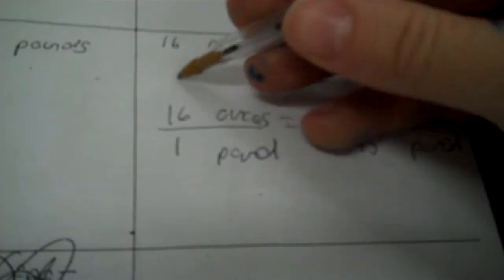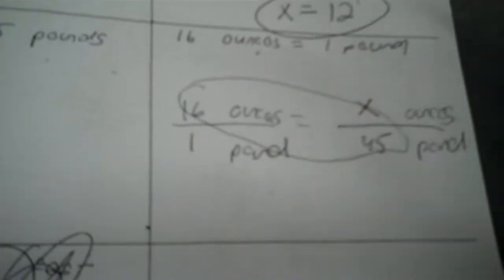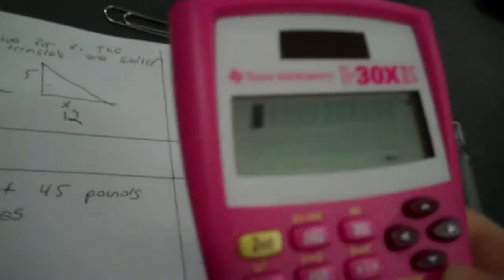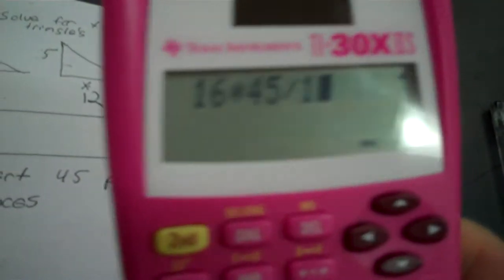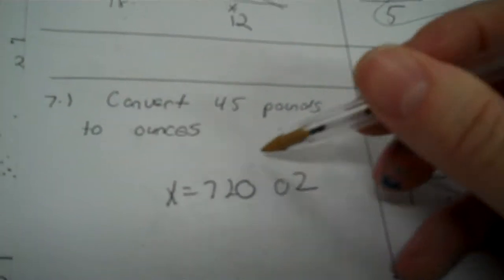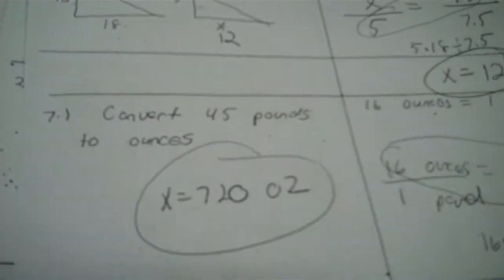So that leads me to multiplying 16 times 45 divided by 1. 720. So x equals 720 ounces. That's how many ounces I get out of 45 pounds, given the fact that 16 ounces is 1 pound.